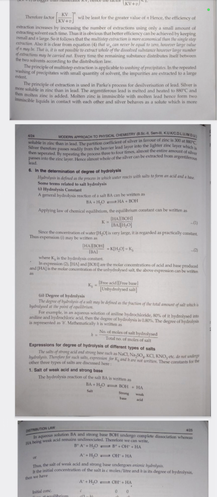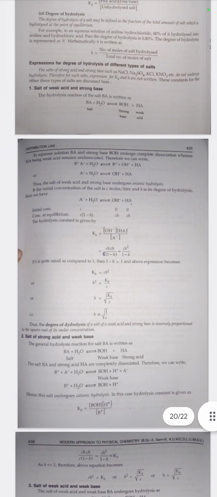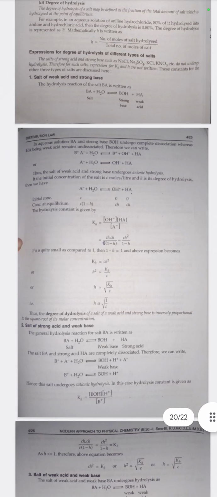The hydrolysis reaction of the salt BA is written as BA plus H2O in equilibrium with BOH plus HA. In aqueous solution, BA and strong base BOH undergo complete dissociation, whereas HA being a weak acid remains undissociated. Therefore, we can write B+ A- plus H2O in equilibrium with B+ plus OH- plus HA. Thus, the salt of weak acid and strong base undergoes anionic hydrolysis.